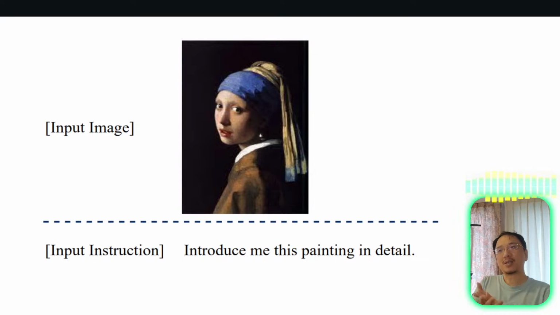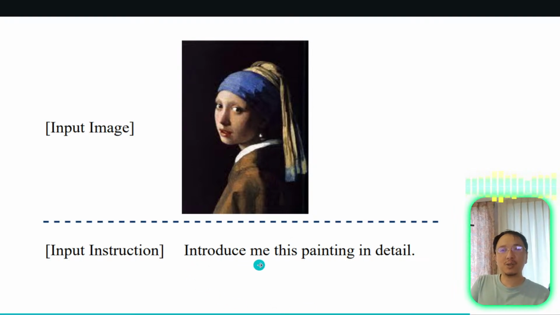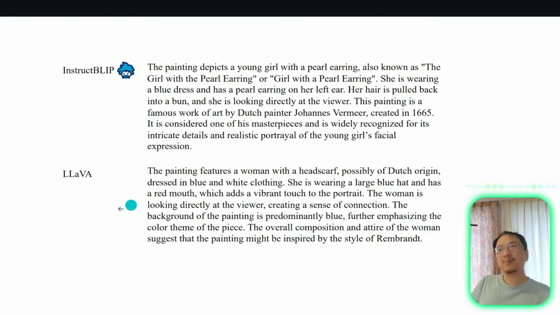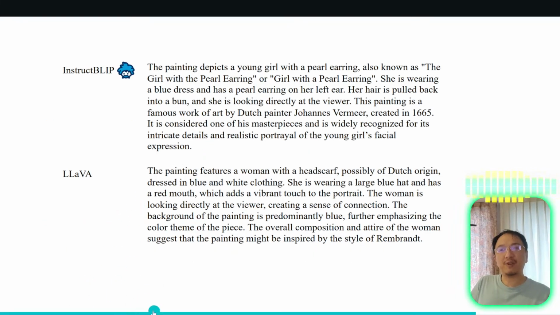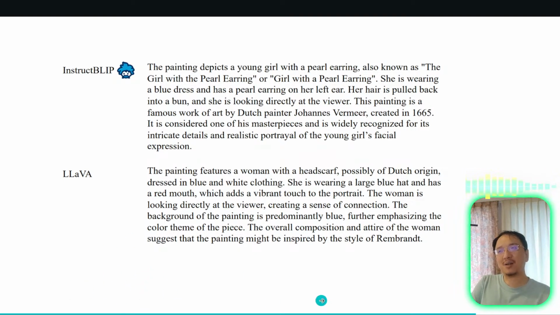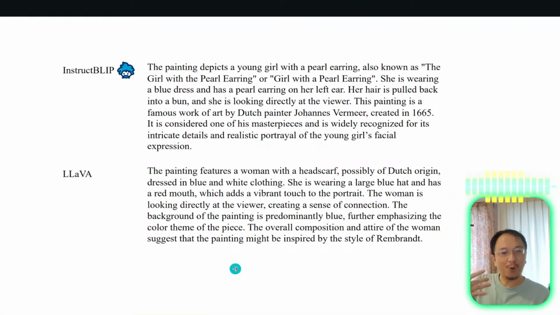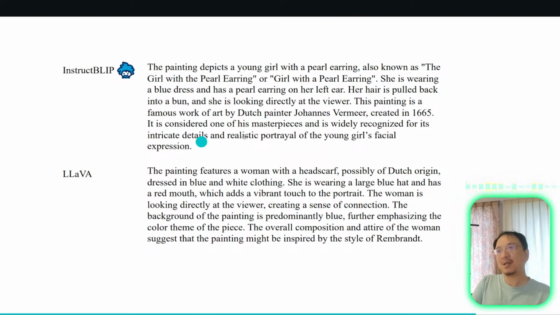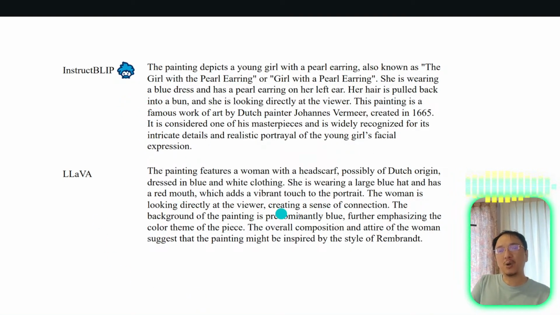And if you wish to have a longer answer, you can ask something like, introduce me to this painting in detail. MiniGPT-4 has, you can check the paper, a much poorer answer in this case, but longer. All of them are pretty long answers.